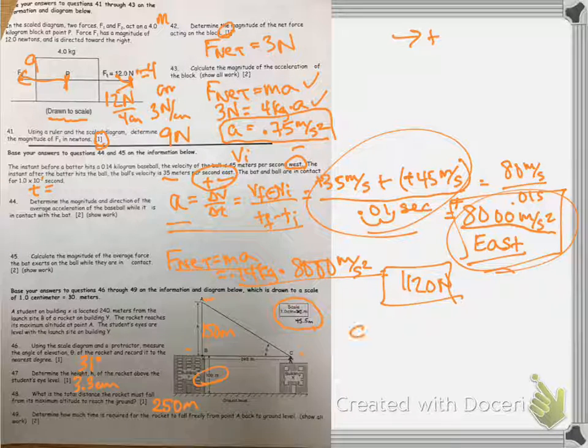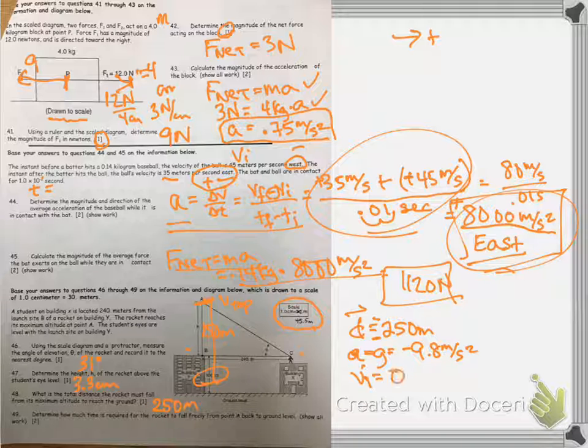We know the distance that it falls is 250 meters, but the displacement is negative 250, right? Negative 250. We know A is equal to G is negative 9.8. The negatives there mean down. V initial, you know V at the top here is 0. So if we're solving down, V initial is 0. And the time is what we want to know.